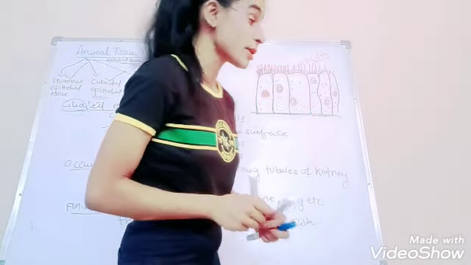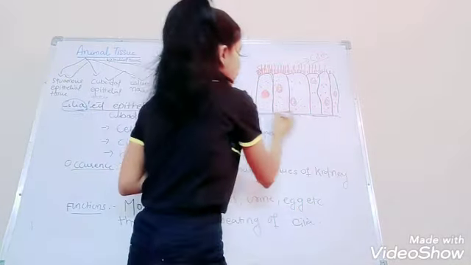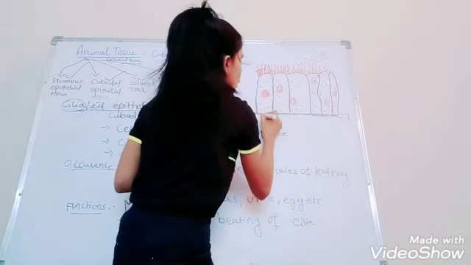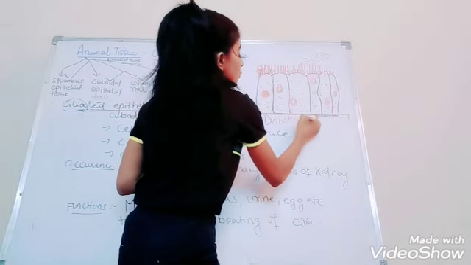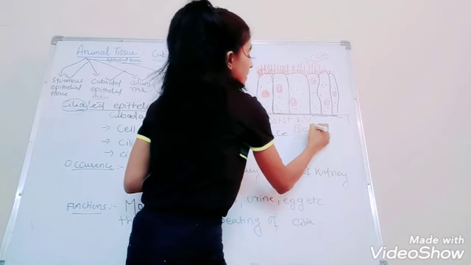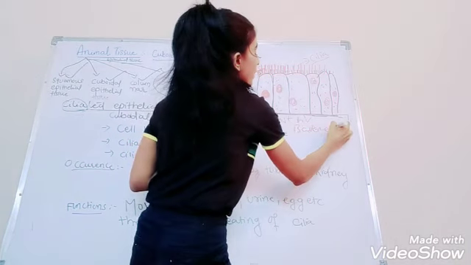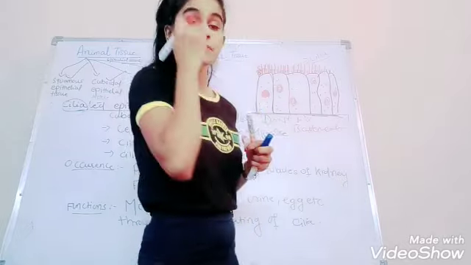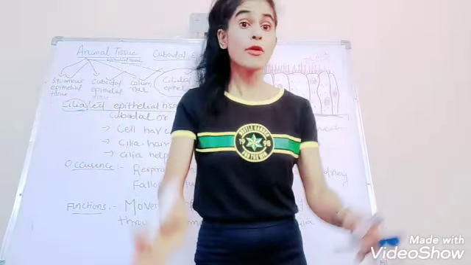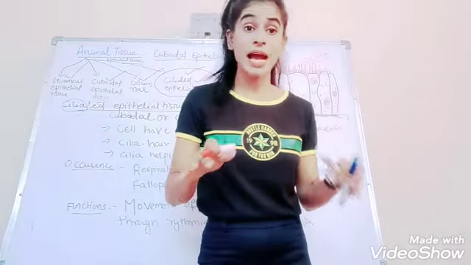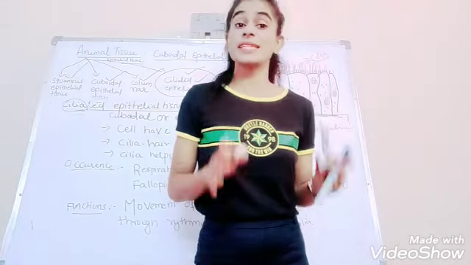Another thing to remember is that they lie on a free surface. They don't have a basement membrane. Up to now, I told you that all the cells lie on the basement membrane, but this is an exception.